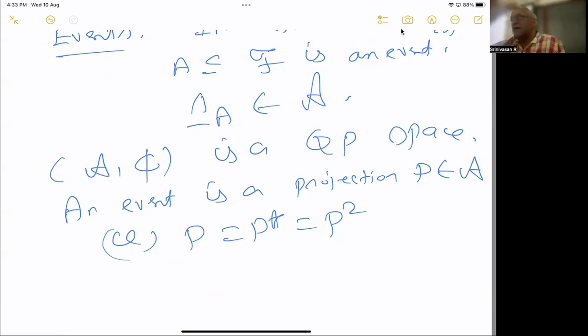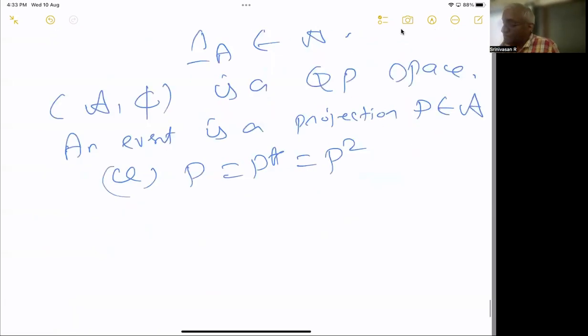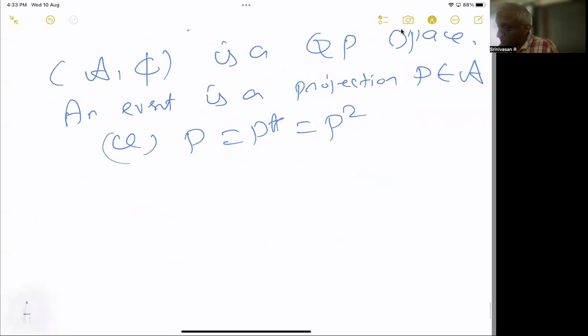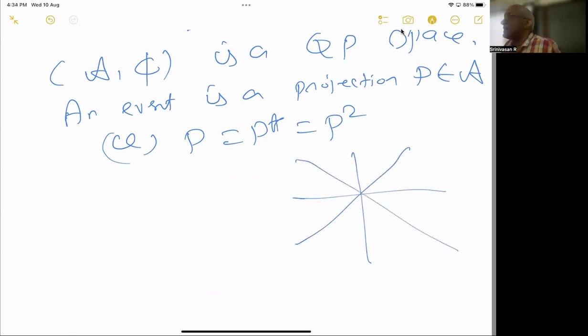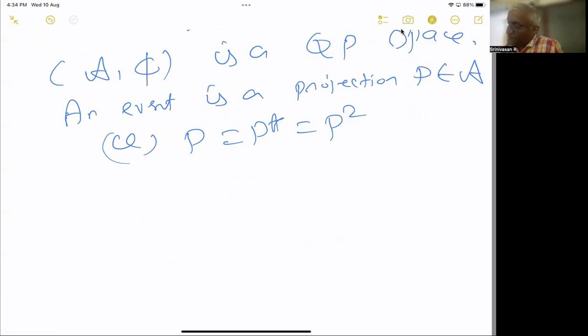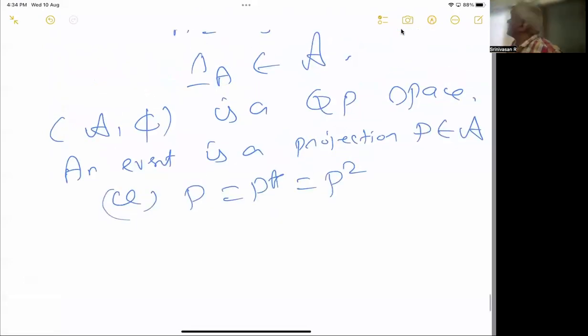If you have a space, you take the orthogonal complement. Suppose this line is a subspace, then this line is its orthogonal complement. So an event is just a projection.